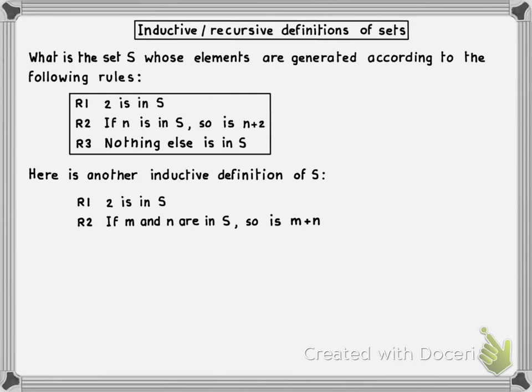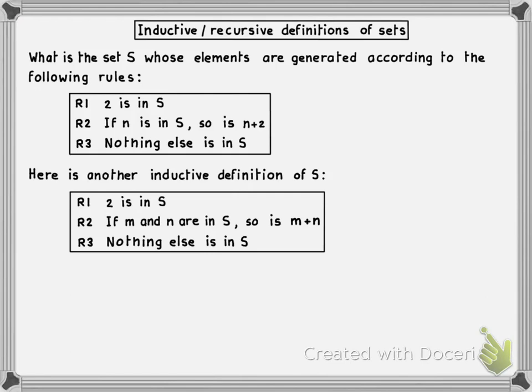And let's not forget the third rule that says you're not allowed to use any other rules to add elements to S. This is to guarantee that someone doesn't come along and maybe add the number 3 in there. And that would mess up the definition of S as the set of positive even integers.